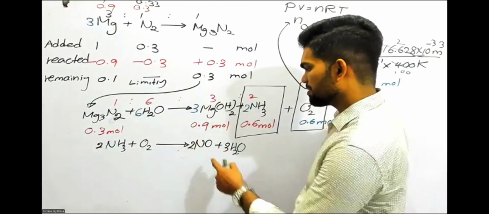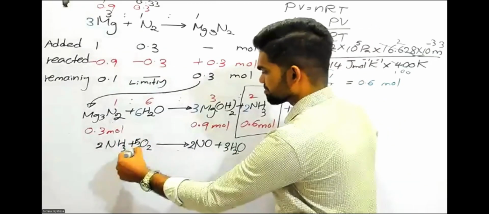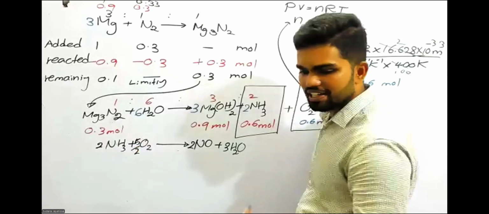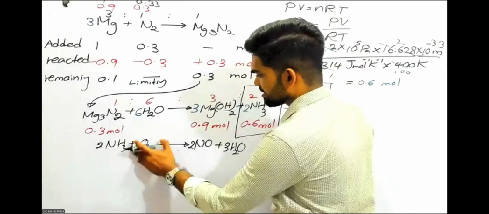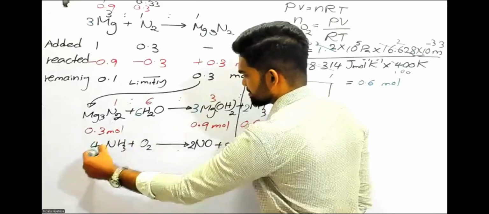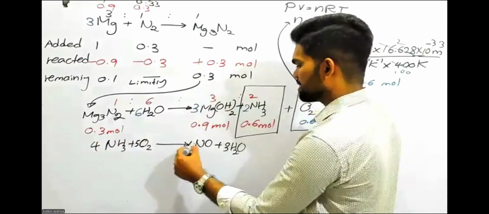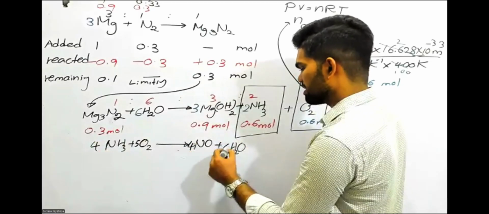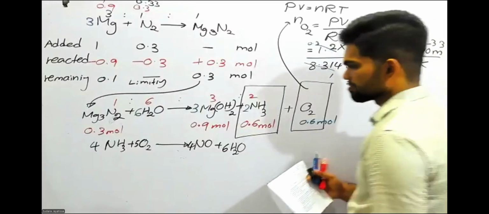So oxygen you have already 2 and 3, 5 oxygen. So 5 over 2. We can't keep fractions, so multiply the whole thing by 2. So this will become 4, 5, then this also will become 4, and this will become 6. That is the balanced chemical equation.